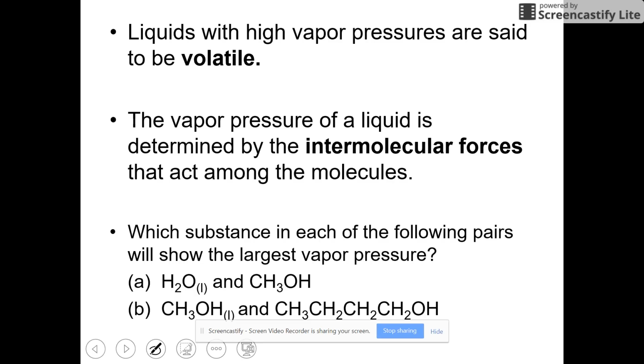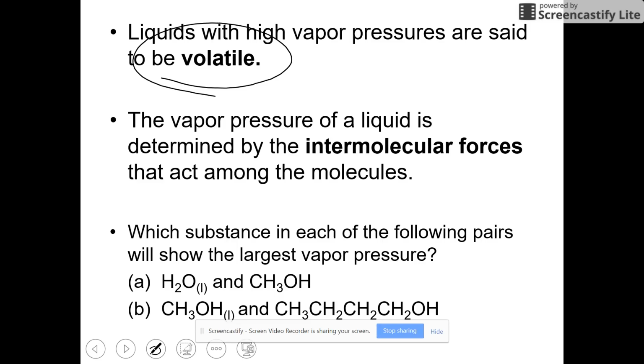So now, something like diethyl ether, which has high vapor pressure, that kind of substance, we say that they are volatile. And usually the substances that are volatile are the substances that have weak intermolecular forces.